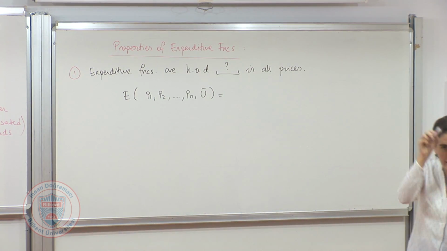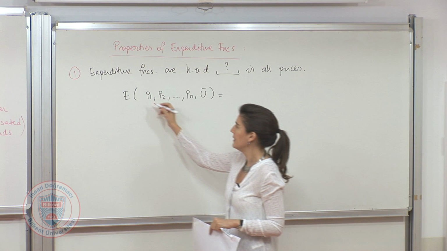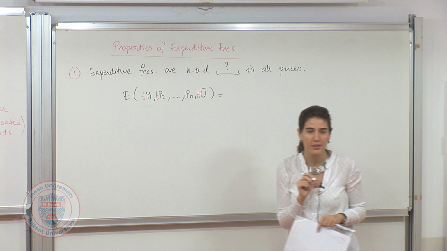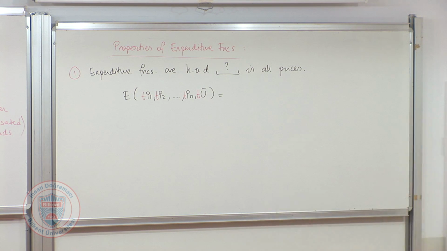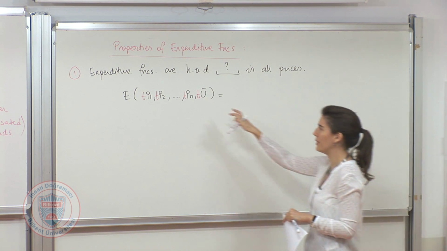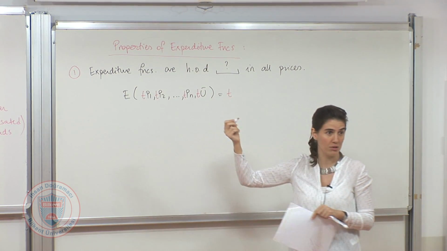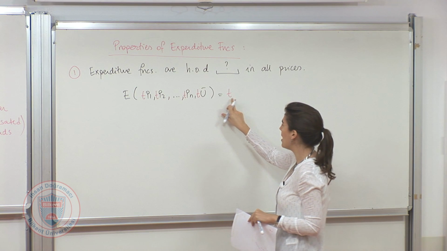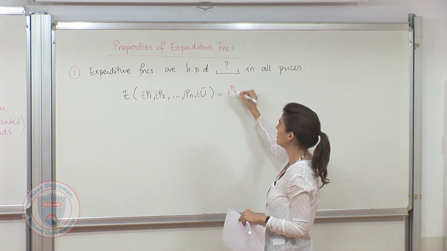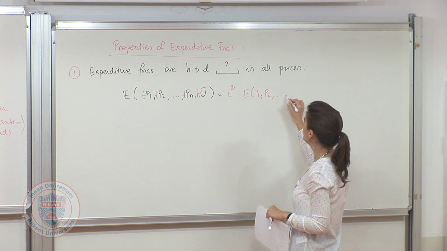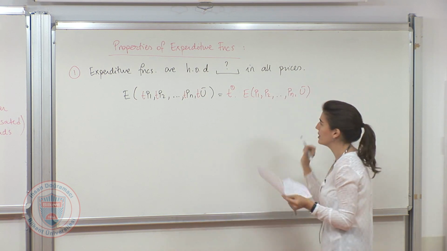I was multiplying all these arguments by t, and then I was checking whether this t pops out, and with what exponent. So it pops out t times something, but we don't know what this is. Expenditure P1, P2, Pn, U bar, okay?